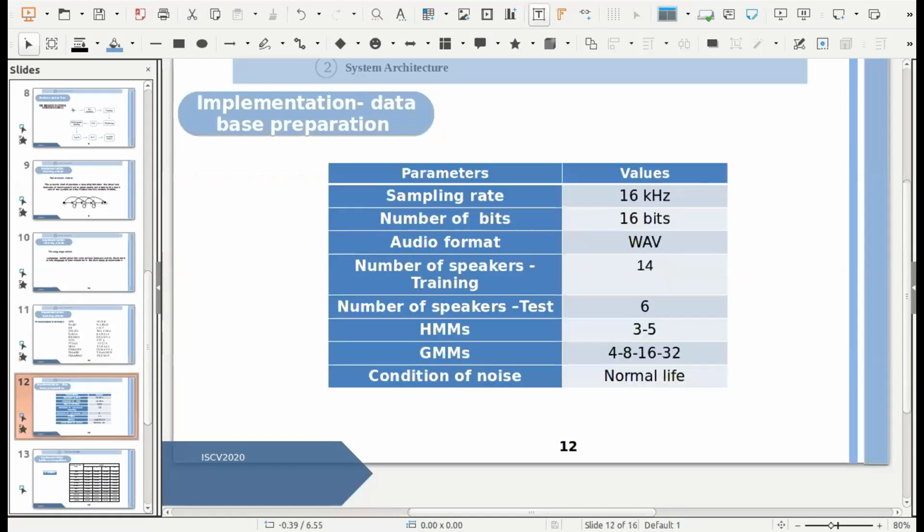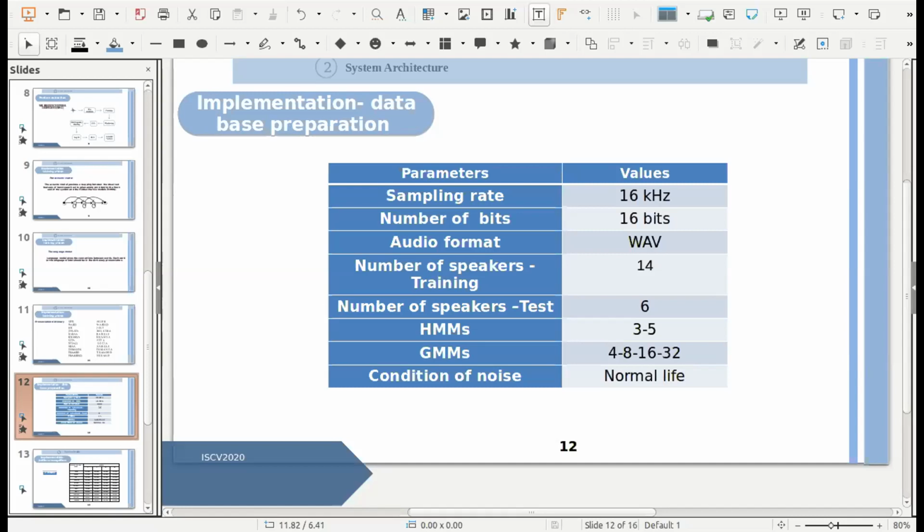So, this table shows the database preparation used in our experiments. For example, the sampling rate of the recording is 16 kHz with 16 bit resolution.